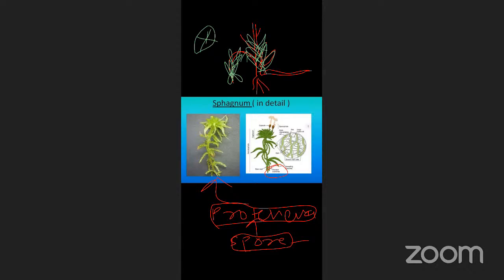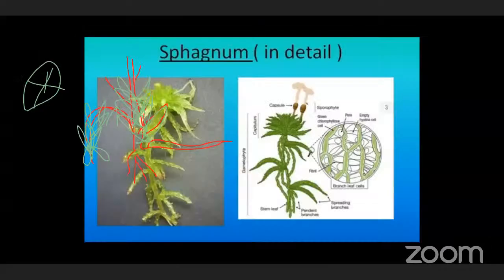And leaves are arranged on the branches and main stem in a spiral manner. Each leaf is sessile, without stalk, without midrib, and appears green because it contains chlorophyll pigments. That is why it assists in preparing food material through photosynthesis. So this is about the external features of Sphagnum.